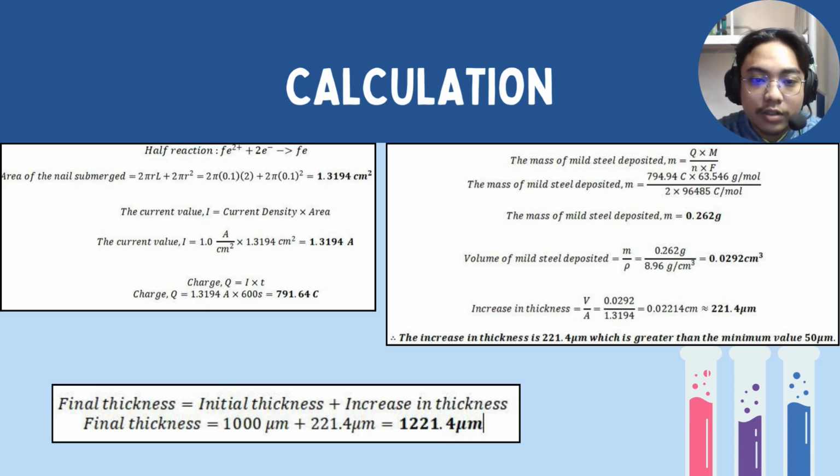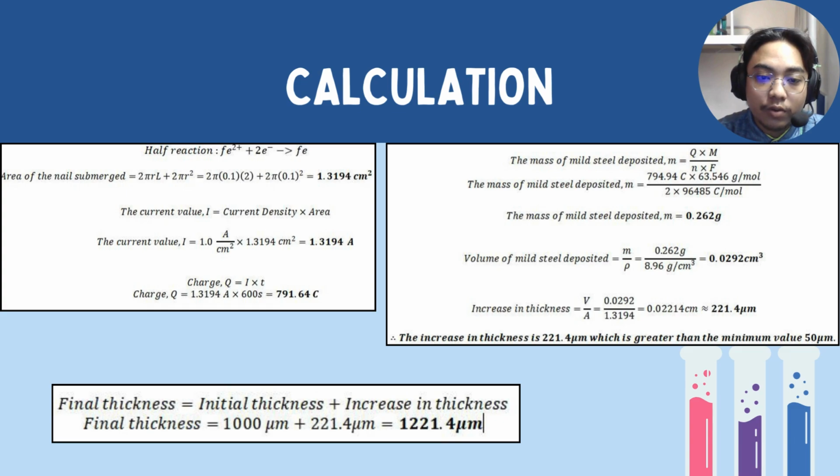Okay, for the calculation, the half reaction we get is ferrum 2 plus 2 electron, then we get the ferrum. The area of the nail submerged is the formula 2 pi RL plus 2 pi R square, equal 2 pi times 0.1 times 2 plus 2 pi times 0.1 to the power of 2, and we get the area is 1.3194 centimeter square.